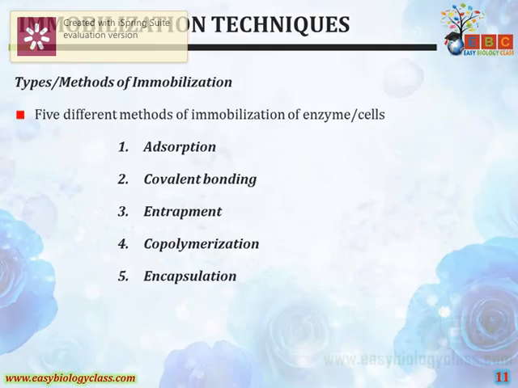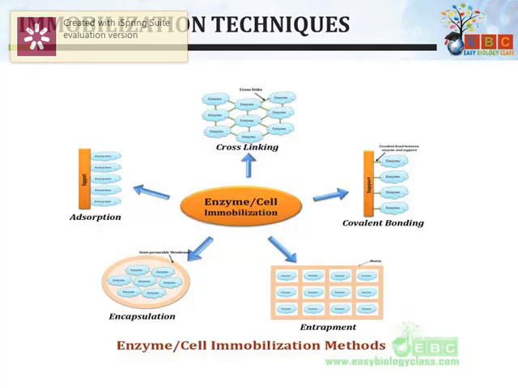Now, this is a very important topic of this chapter, that is the methods or types of enzyme immobilization. Okay, we have just seen their names in the first slide: adsorption, covalent bonding, entrapment, copolymerization or cross-linking, and encapsulation. There are 5 methods of enzyme immobilization. We will go through the next slide one by one.